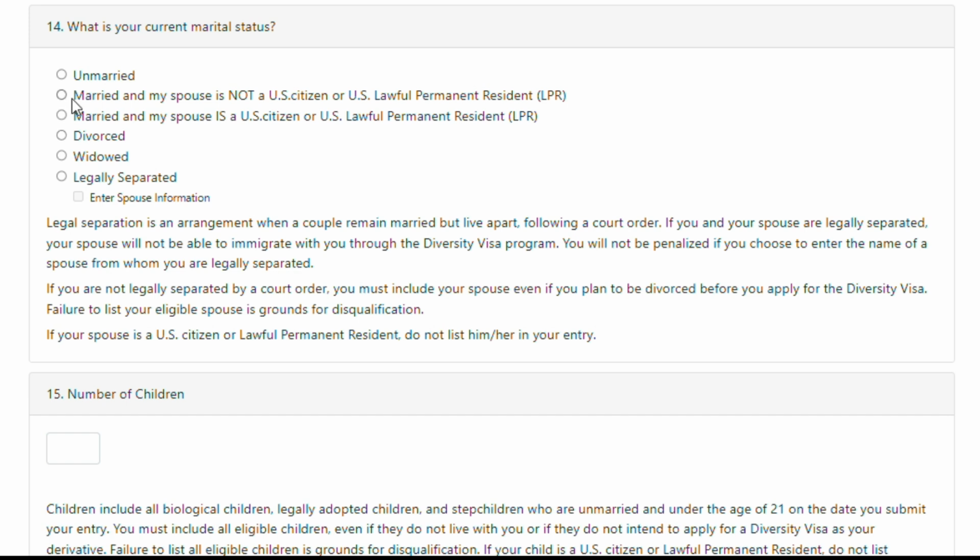And before we proceed, if you're married to a United States citizen, you indicate this first one. If you're married to a citizen of the United States, you have this second option. Divorced. Divorced simply means that you are legally married with documents, but later on, due to some reasons, you went on to apply for divorce and it was successful.